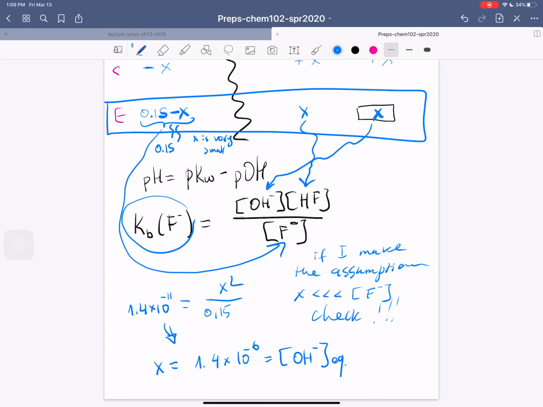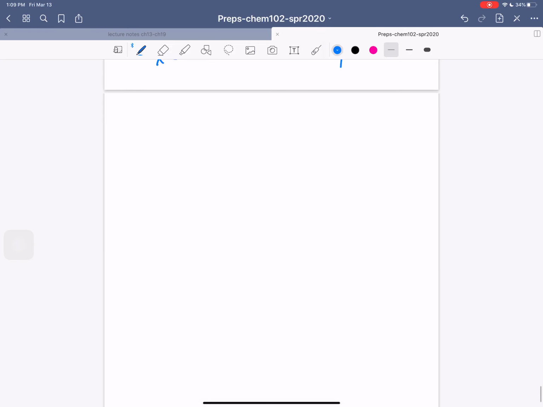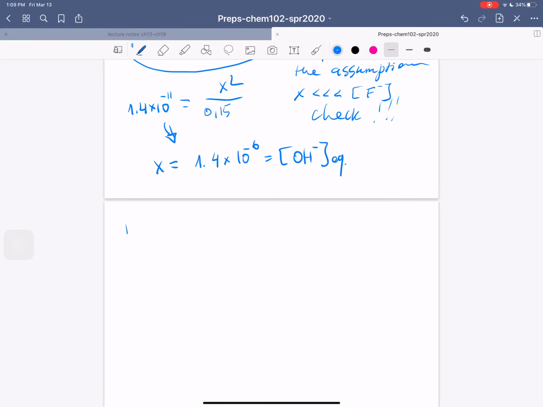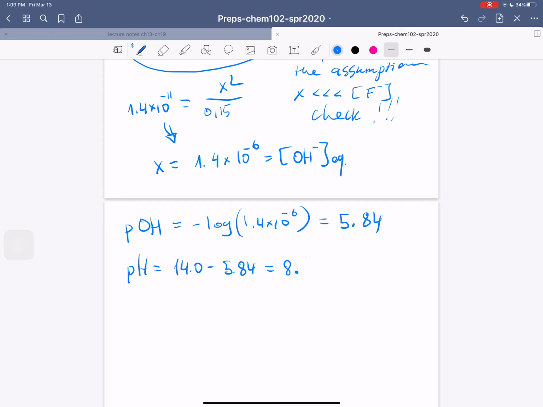And if I know the equilibrium concentration of OH minus, I can calculate the pOH. So let's calculate the pOH. pOH will be negative log of 1.4 times 10 to the negative 6, and it's 5.84. And the pH will be 14 minus 5.84. And pH will be 8.16, right?